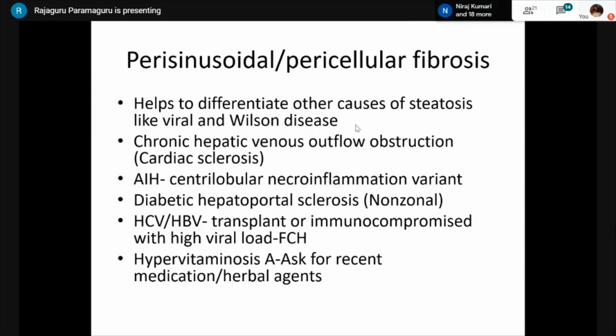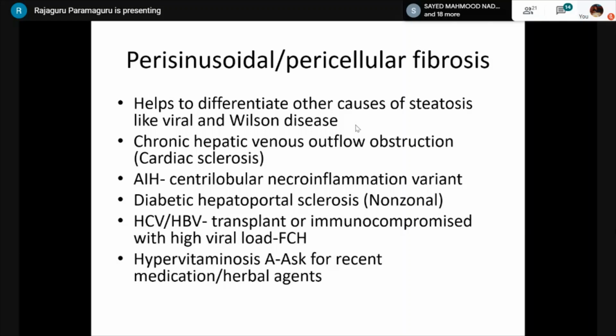You will see a collection of plasma cells, and that area may appear necrotic. Around that necrotic area, when the biopsy is done at a later stage, there will be fibrosis. That can happen. And diabetic hepatoportal sclerosis will be non-zonal. In a diabetic patient, there are chances that the patient might get a hepatoportal sclerosis. It's very classic. I don't have an image for that.